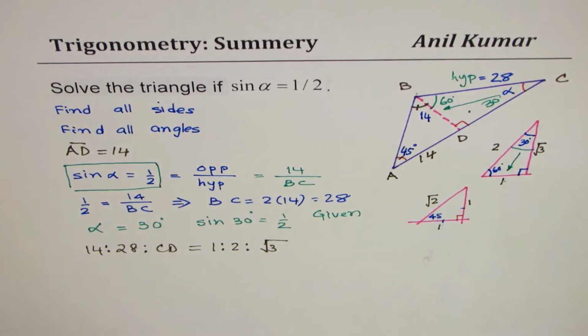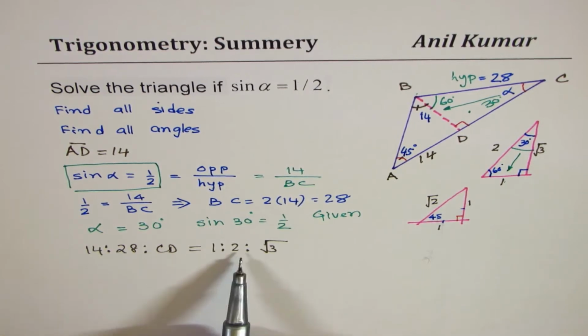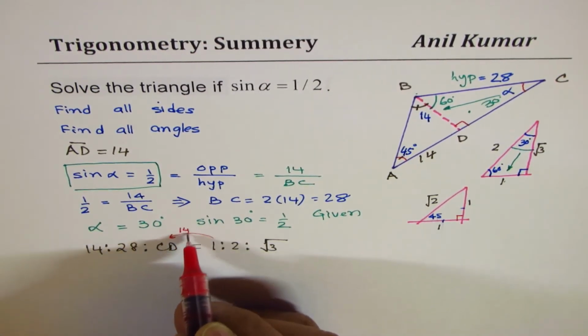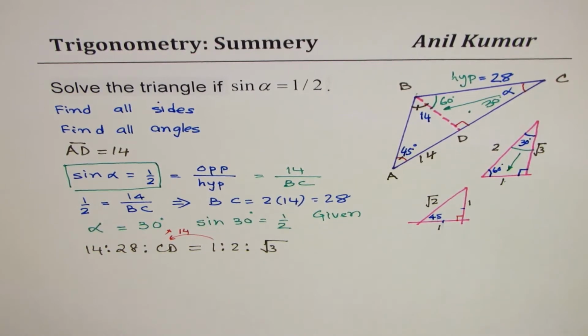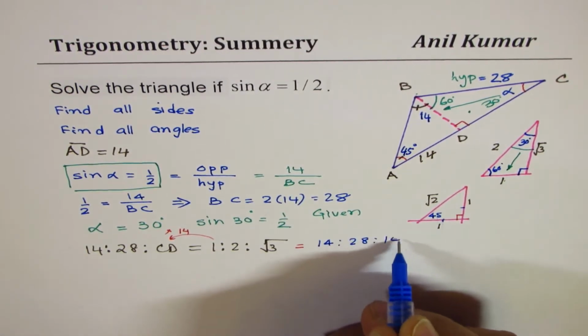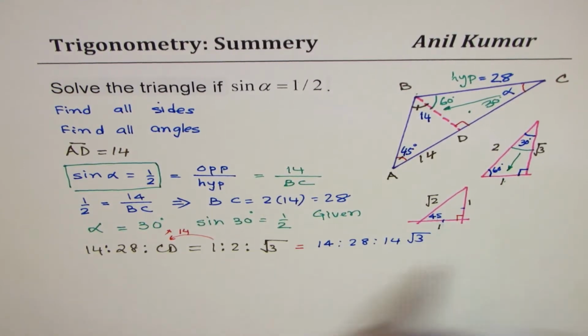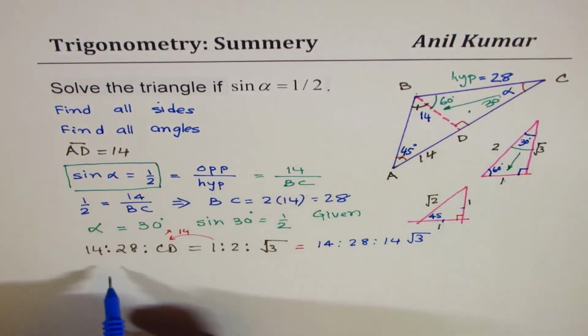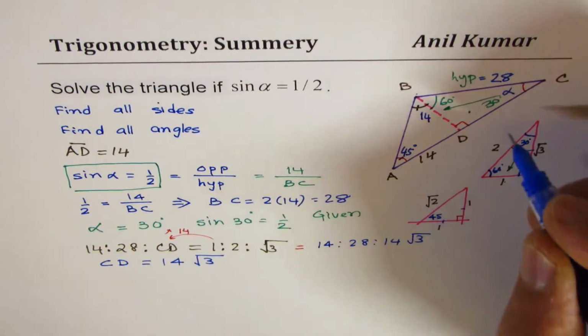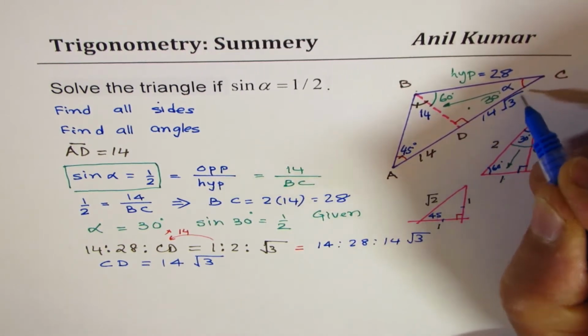That is the kind of ratio, correct? So to get to the result, what are we going to do? We are just going to multiply each term by 14, correct? So that is possible only if I multiply each term by 14. I get 14 is to 28 is to 14 square root 3. So that means CD equals 14 square root 3.